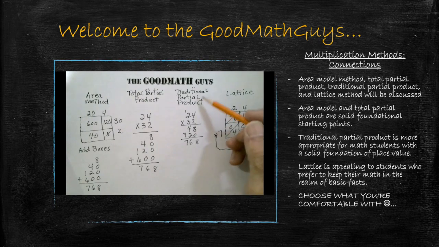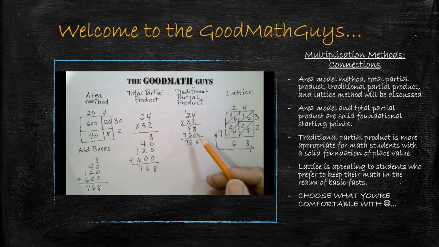Then we went to traditional partial product, which is the method that you're most likely to find in an elementary textbook. What this method did was something a little bit different. If I were doing this on a board in a classroom, I would ask students if they looked at this 48 and saw that 48 somewhere over here.